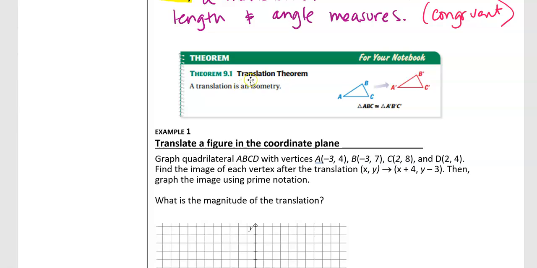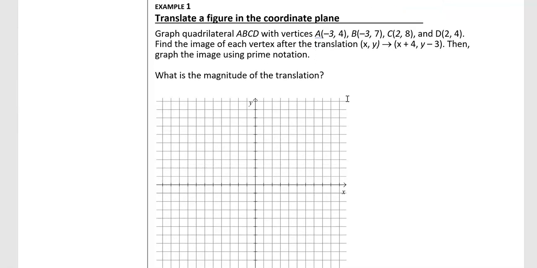The translation theorem says a translation is an isometry. So what that means is the original shape and the image, the pre-image and image, are the same size. Nothing has grown or gotten smaller. It's the same size.